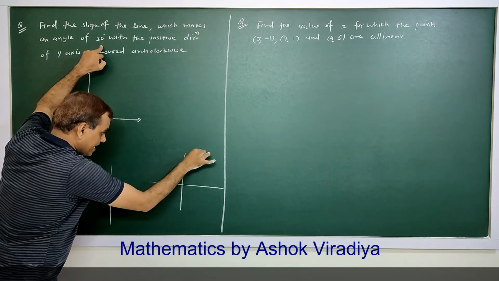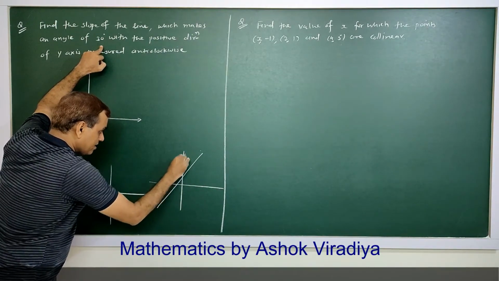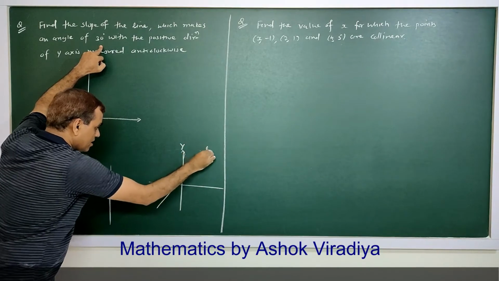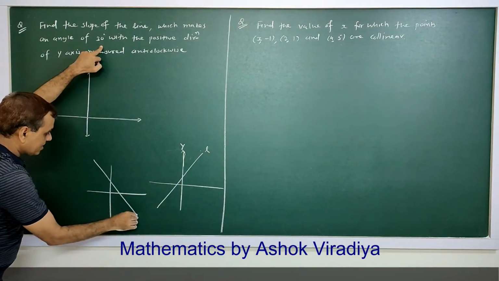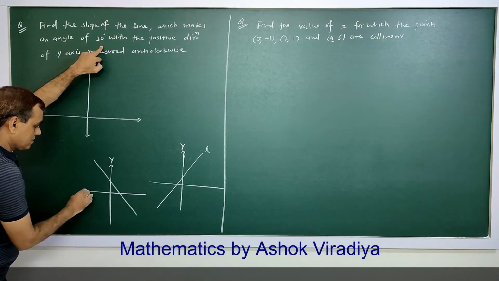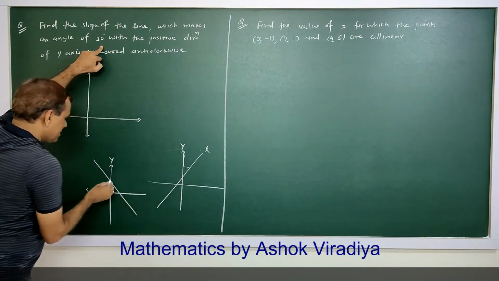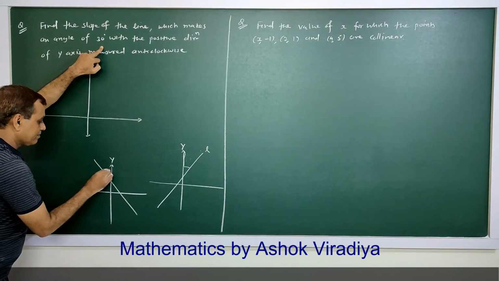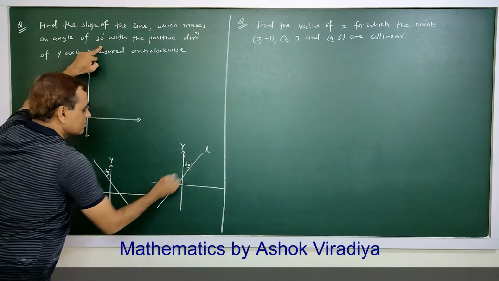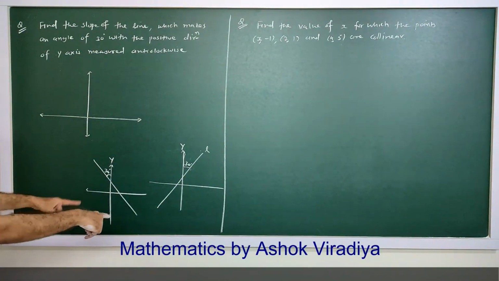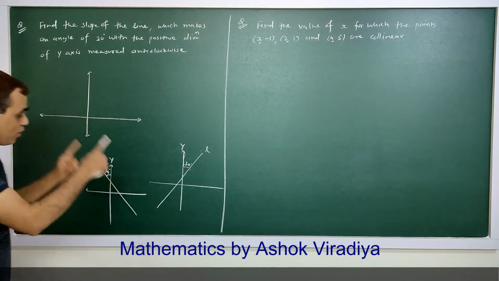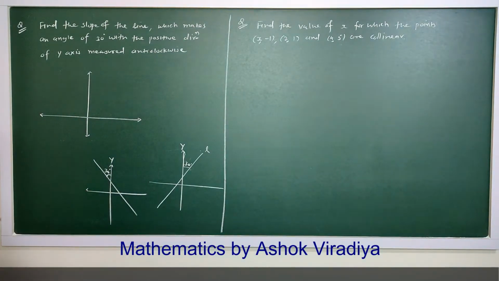It can intersect the y-axis like this, or it can intersect like this. This is 30 degrees, this is 30 degrees. Both lines make 30 degrees with the positive direction of the y-axis.